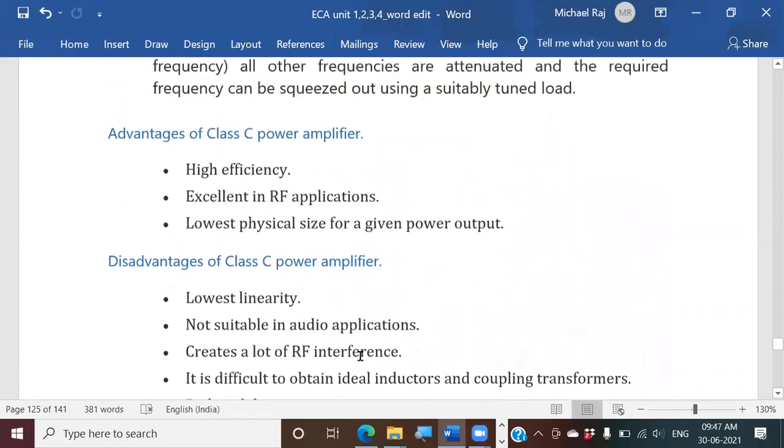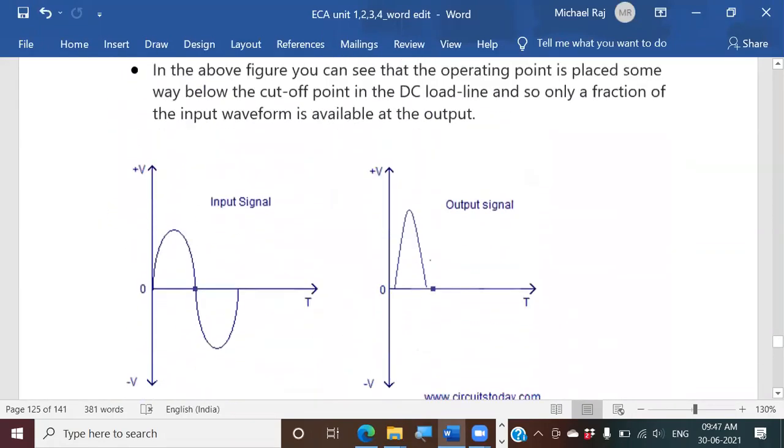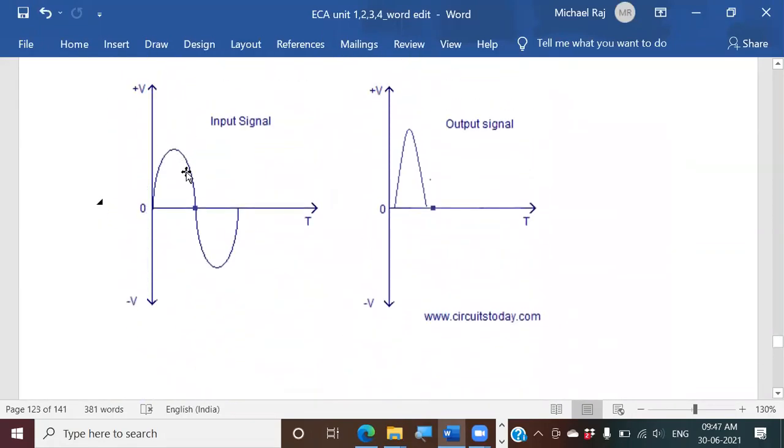For the entire 360 degrees, only this duration the signal is on, remaining duration the signal is off. This particular duration we will call T on.